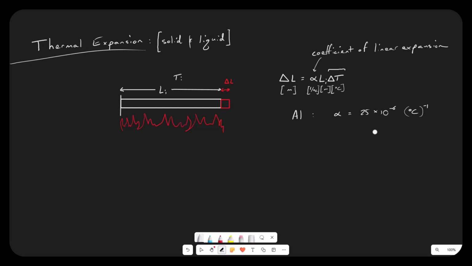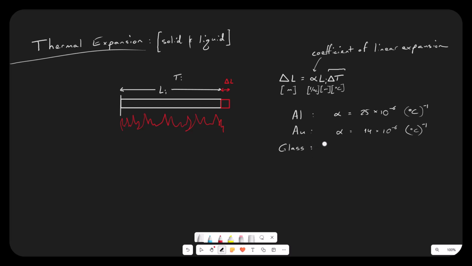I'm just going to give you a couple of them to work with. Gold is 14 times 10 to the -6th inverse degrees Celsius. What other ones would be good? We can look at like regular glass.